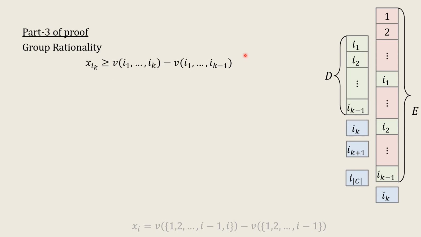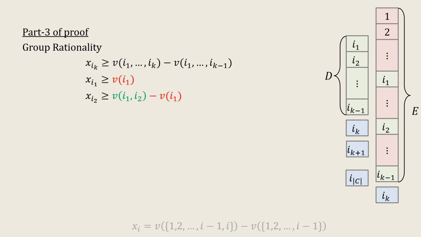And I will now apply this inequality to I1, then to I2, and so on. Letting ik equal I1, I have this expression right here. Now here, notice that D will be equal to the null set, and to that null set, I'm adding this agent I1.